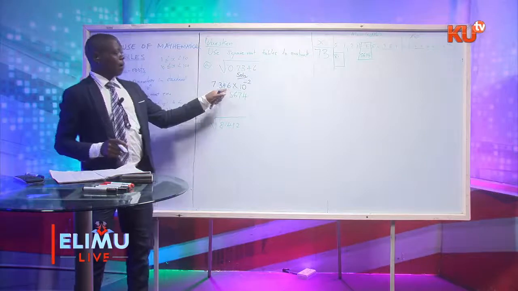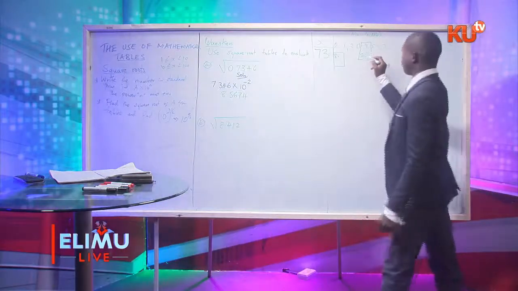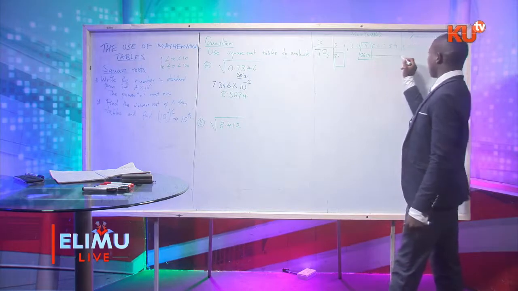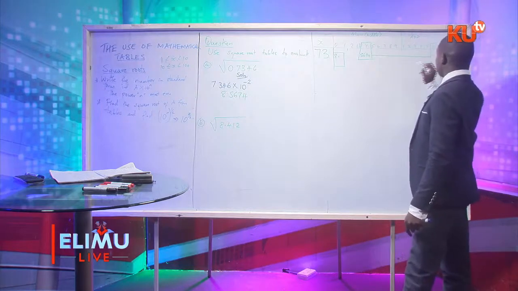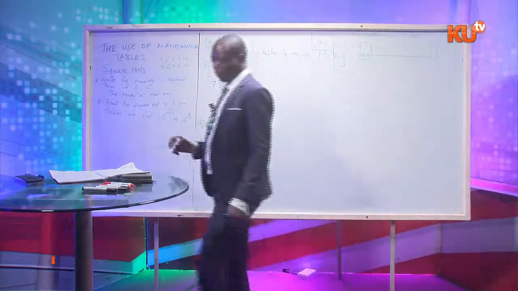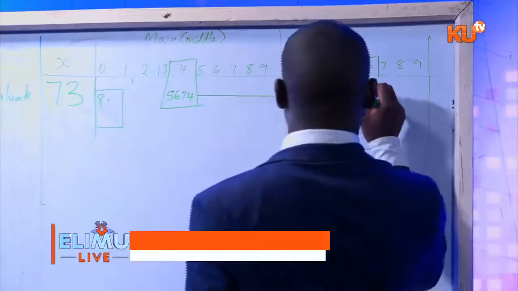But there is one digit more, that is 6, which is now found under the addition column. So you move along the same column until where you have 6 in the addition column. If you move along that line, below 6 we have 35. So the number here is 35.